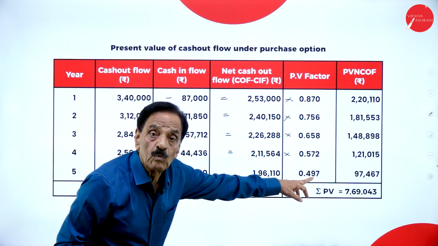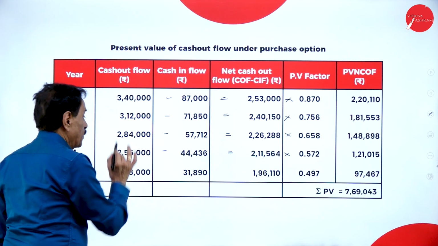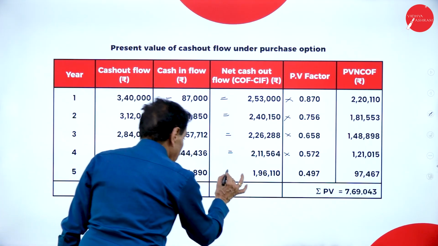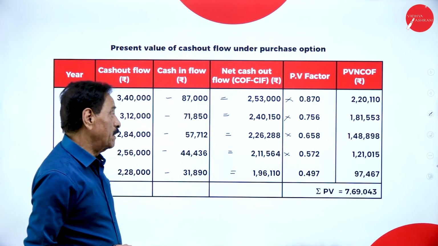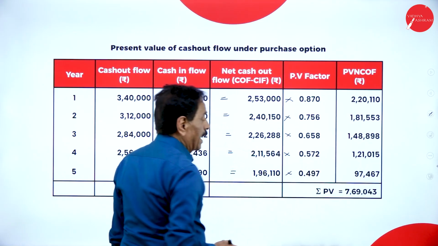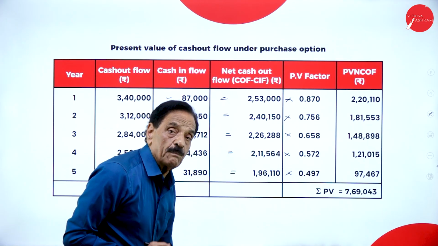It works out to 1,21,015. Last year, 2,28,000 minus inflow of 31,890. Net cash flow is 1,96,110 multiplied by 0.497. It works out to 97,...; the total is 7,69,043. This is the purchase option.